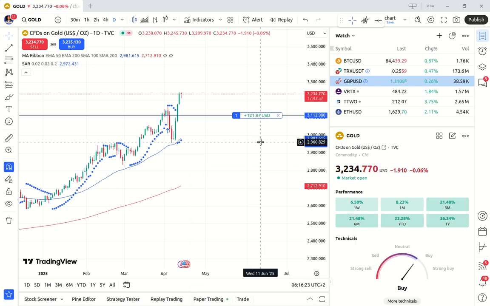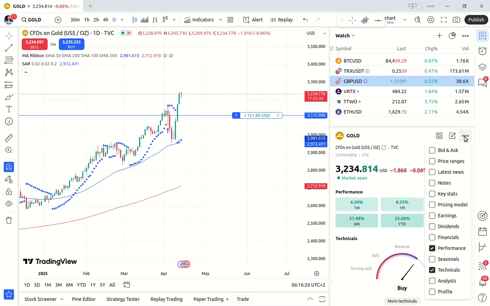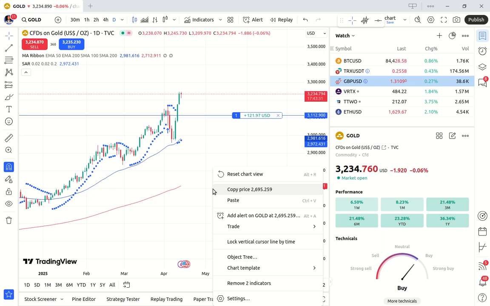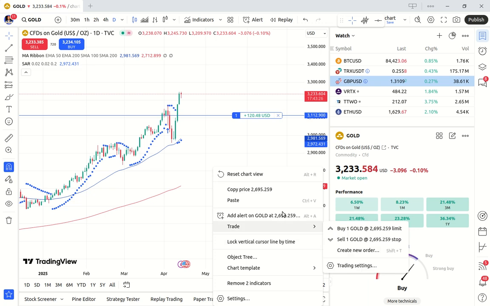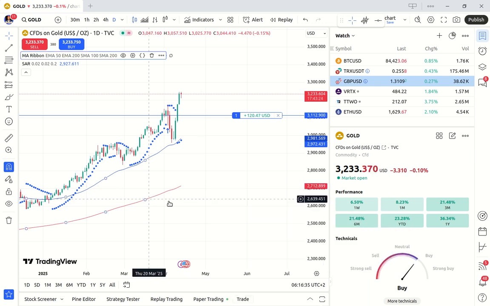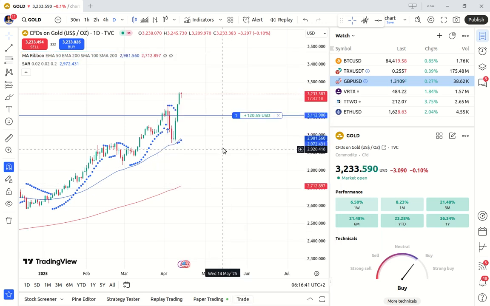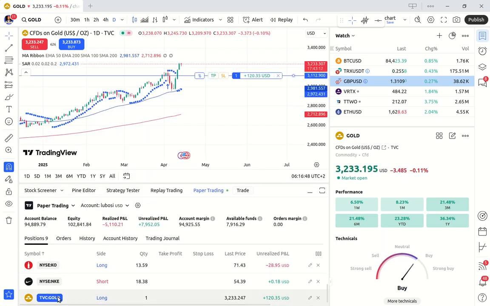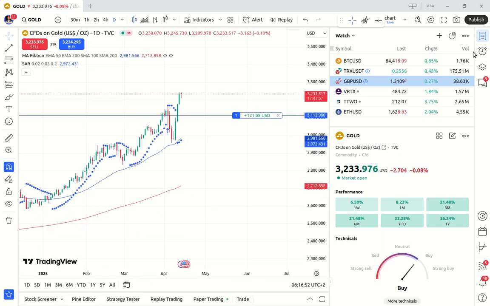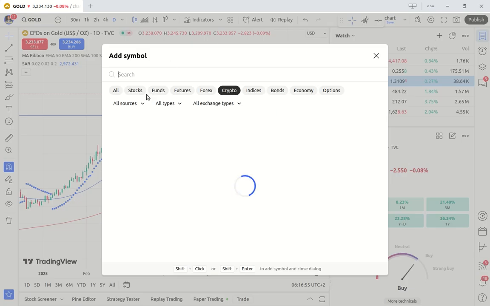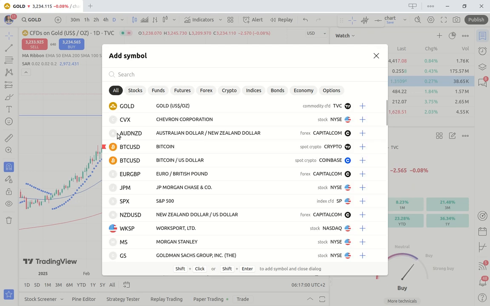I'm trying to add gold to the watch list. Anyway, hopefully it will appear here.